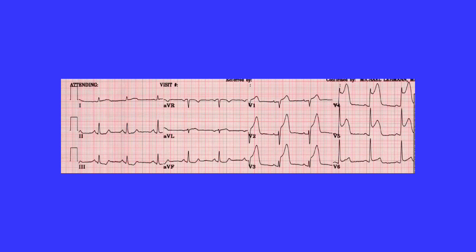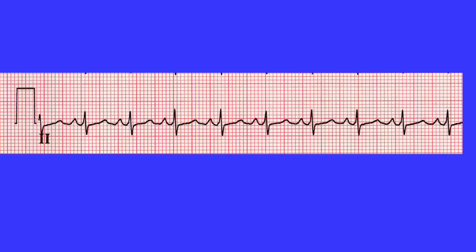This EKG has ST elevation in chest leads V1, V2, V3, V4, V5, V6, suggesting anterolateral wall myocardial infarction. We call this STEMI or ST elevation myocardial infarction. What about the P waves in this EKG strip? The P waves in this EKG are normal, and this patient has sinus tachycardia.